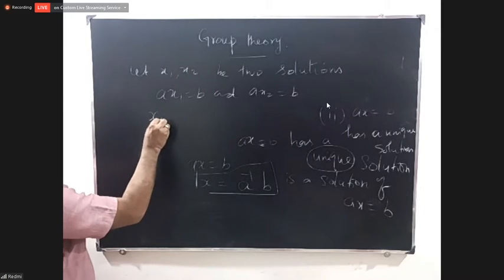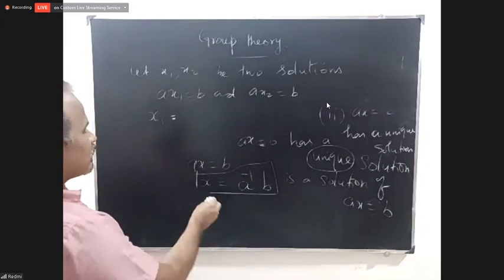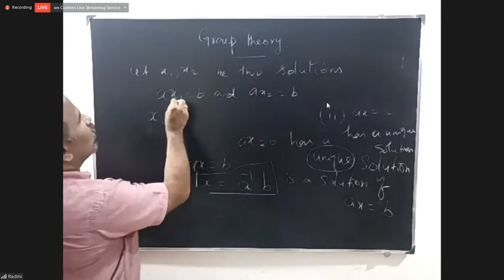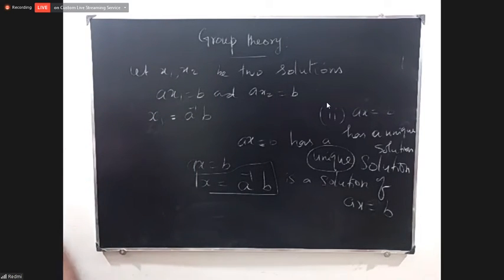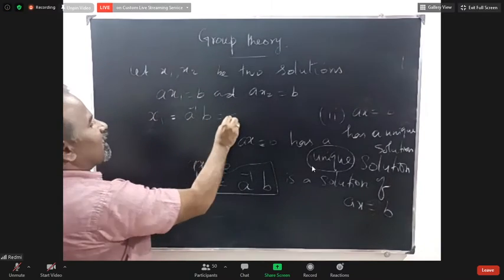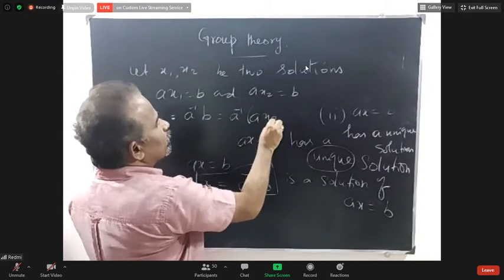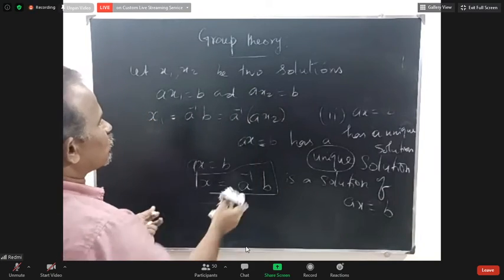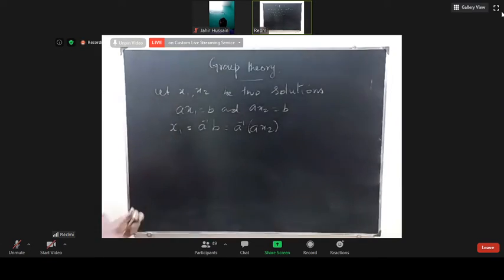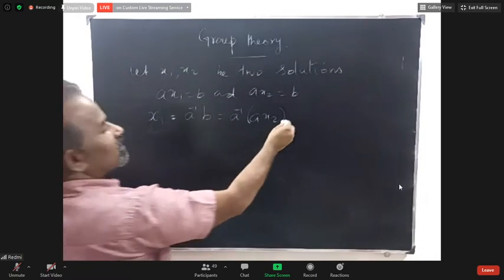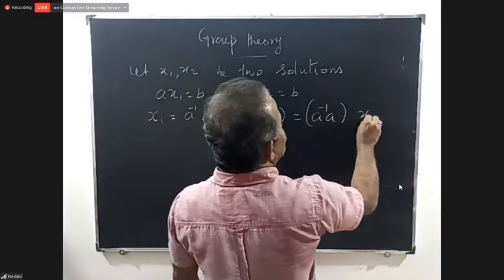What is x1? X1 is equal to A inverse B. Again I can write A inverse of what is B? Again it is A x2. Now this is equal to A inverse A into x2.